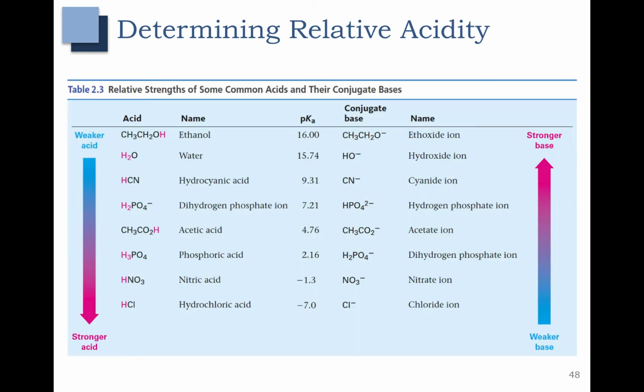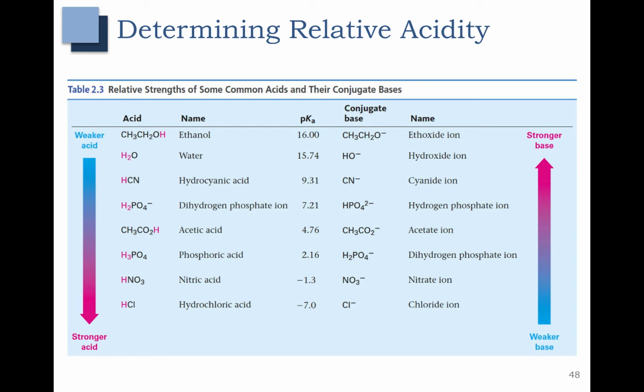If we look at this chart to determine relative acidity, we see a couple things. If you can see ethanol over here, when it has the hydrogen attached, it's considered to be an acid, and when it has a negative charge, it's considered to be a base. Notice that when we have stronger acids, like HCl, that's associated with a weaker conjugate base, like Cl-, whereas ethanol, which is a weaker acid, is associated with ethoxide, a stronger base.